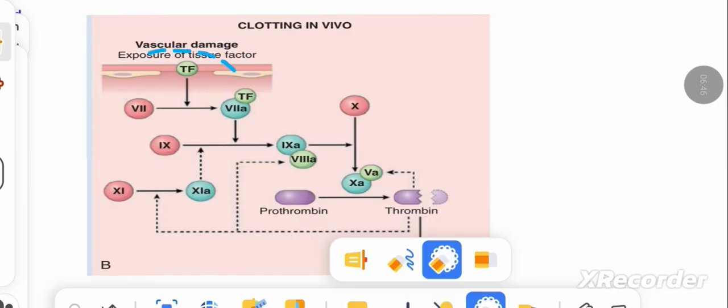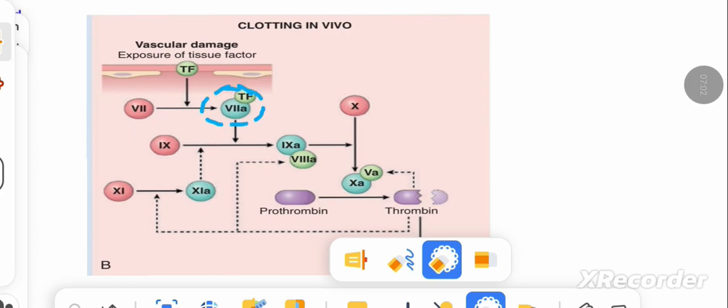So once the endothelium is damaged, the tissue factor will be exposed. So the exposed tissue factor will activate factor 7. These are coagulation factors, okay? They are in blood. So this factor will be activated.